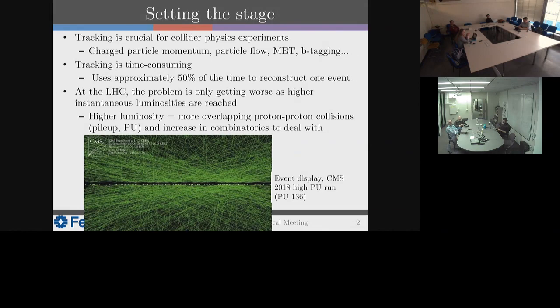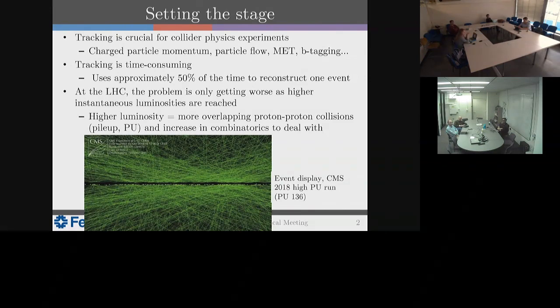How we distinguish all of this and make sense of this is through tracking. Tracking really is crucial for collider physics experiments. We use it to estimate the charged particle momentum. We use it in particle flow algorithms. It's essential for MET, it's essential for B-tagging, and so on.